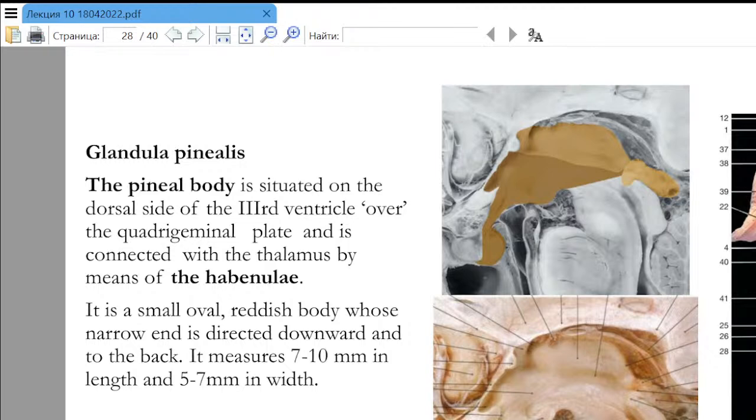It's a small oval reddish body whose narrow end is directed downward and to the back. It measures 7 to 10 mm in length and 7 mm in height. This is very small.